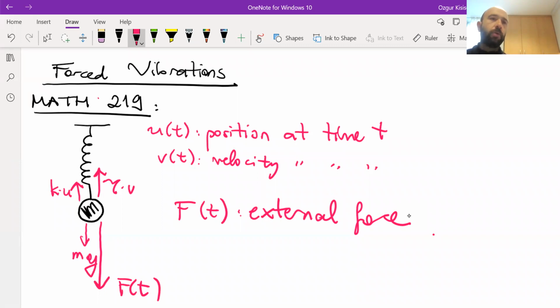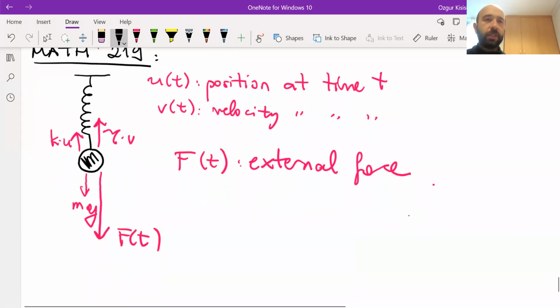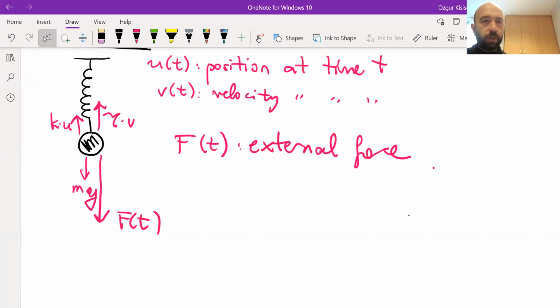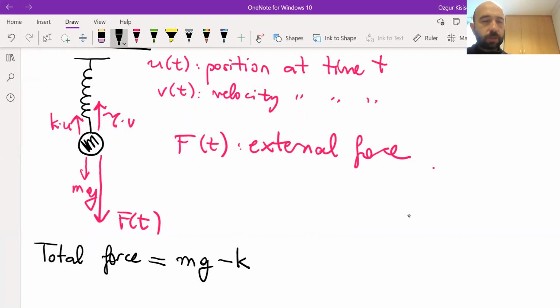Okay. Now, if we would like to write down the equation of motion, first the total force is equal to mg minus, okay, so I made a mistake here.